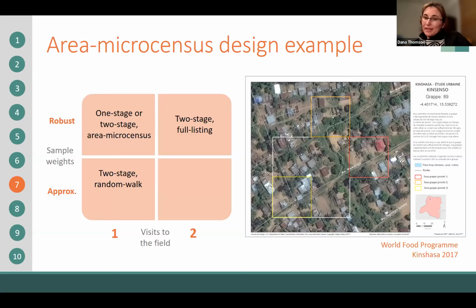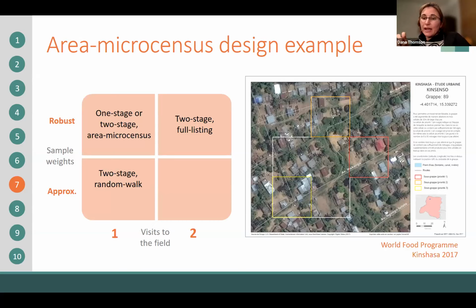This was really clever because they were able to calculate sampling weights with the concept of segmentation, but they only had to do one field visit, and they didn't have to deal with a huge variation in the number of households they were getting per cluster or per primary sampling unit, which can be a challenge if you just do a one stage area microcensus design.